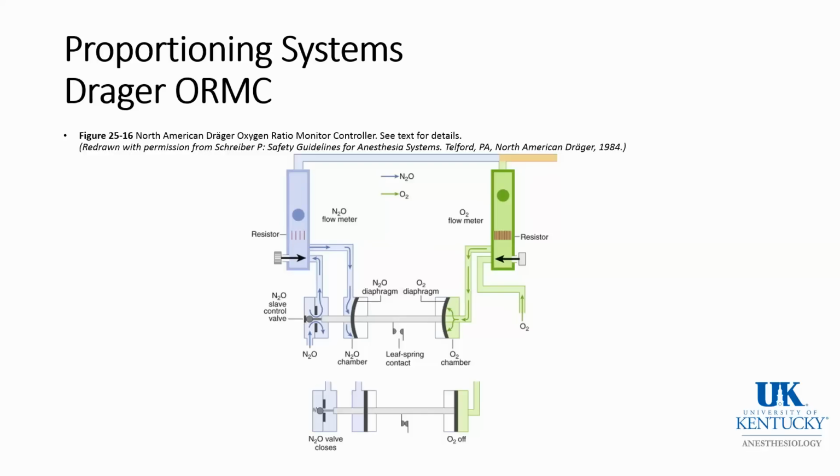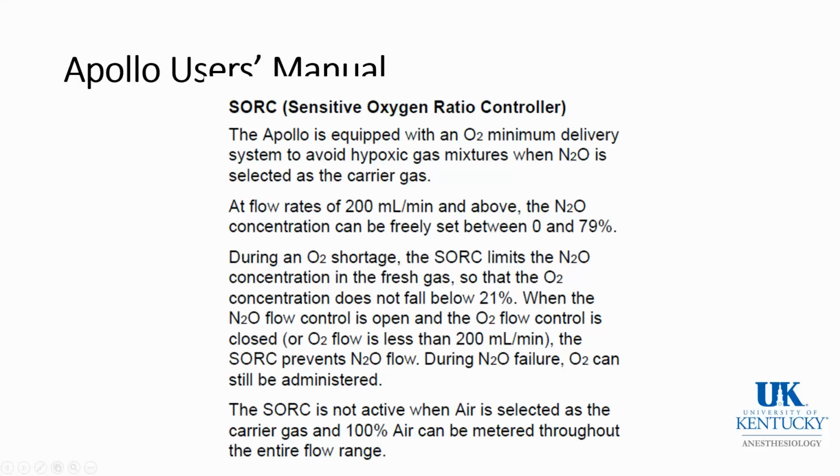Alternatively, Draeger has a different system for preventing hypoxic mixtures, and this oxygen ratio monitor controller shown on this Draeger slide is designed to cut off the flow of nitrous oxide at flows under 200 mL a minute.